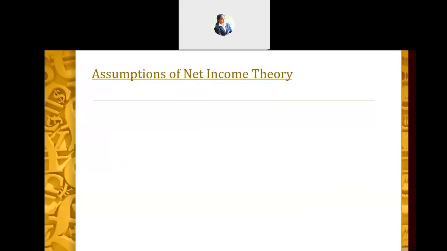Now, there are general assumptions for all the theories together, and there are some assumptions specific to each theory. For the net income approach, we have three assumptions in particular. The first one is that there are no kinds of tax.